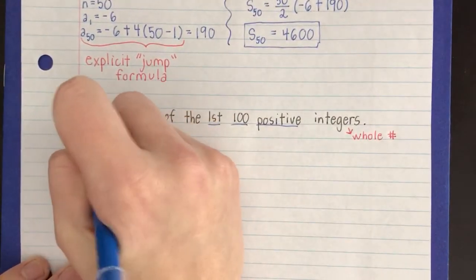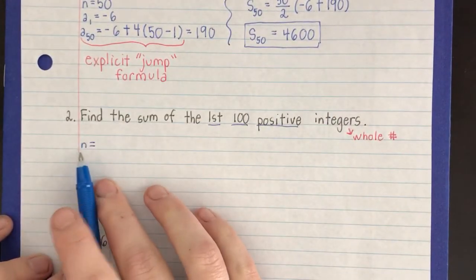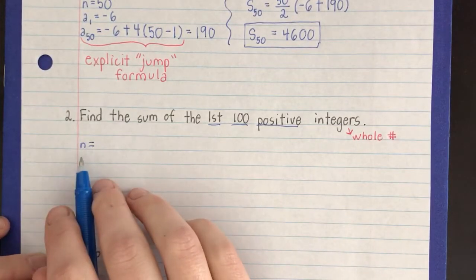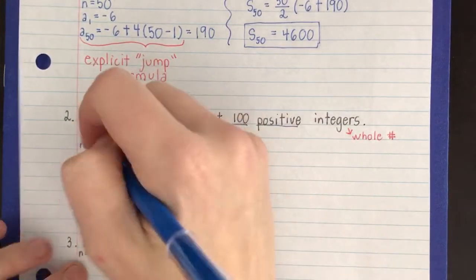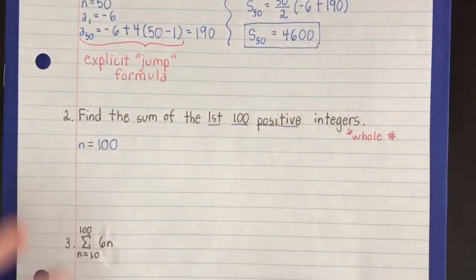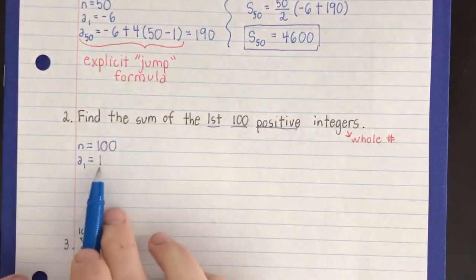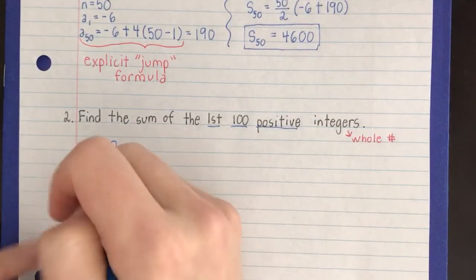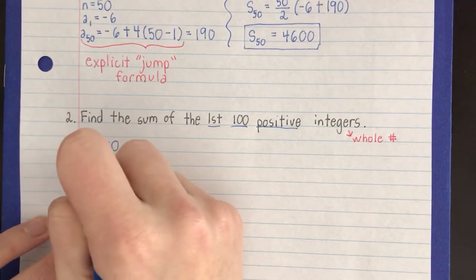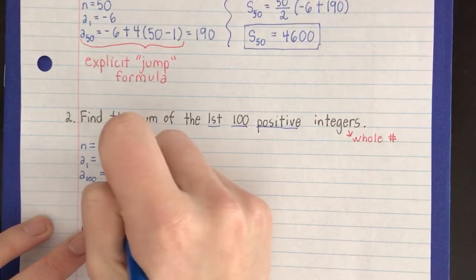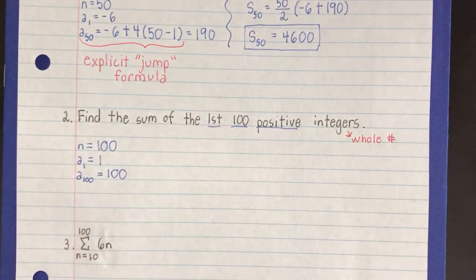So let's set up our parts that we need for the formula and then plug in. So n equals 100 because we're going to have 100 terms. Okay, a sub 1 equals 1. That's the first positive integer. And then a sub 100 is equal to 100. All right?